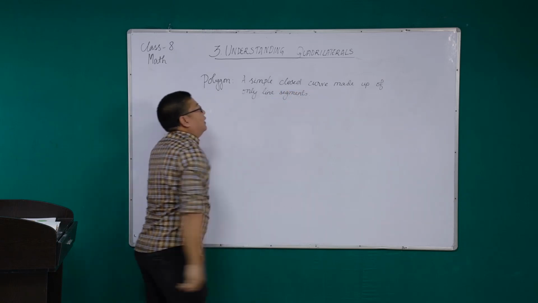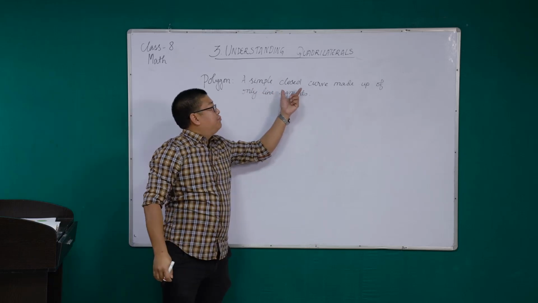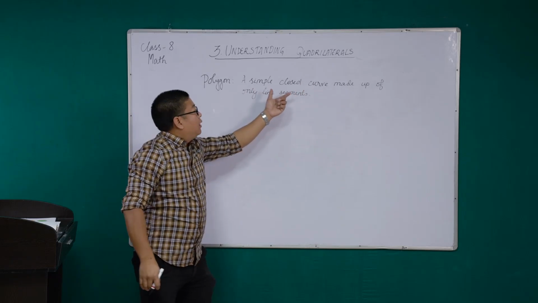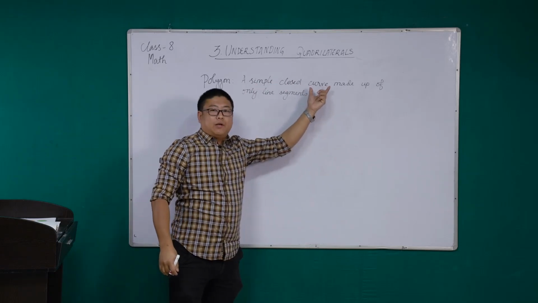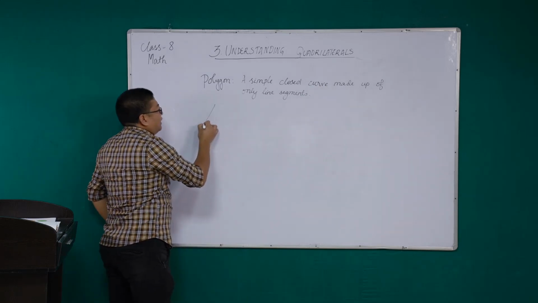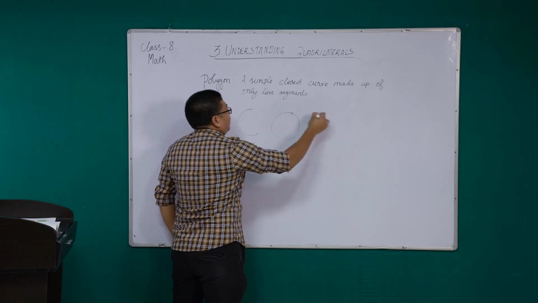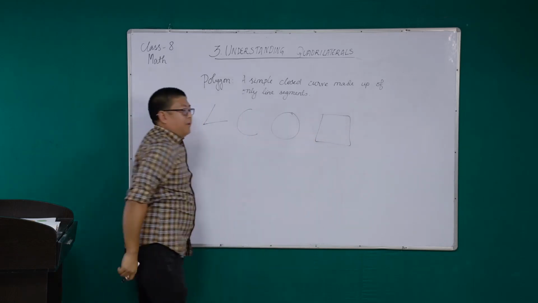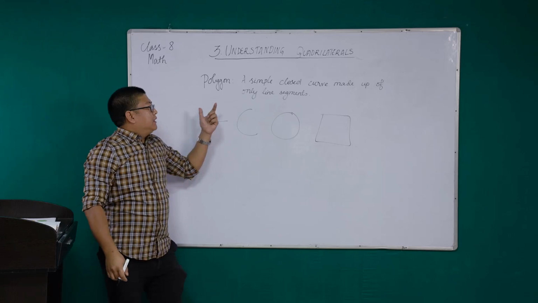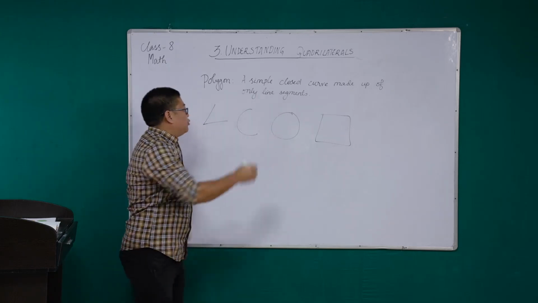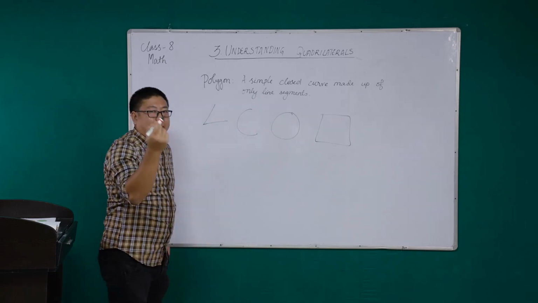Now, when we talk about a simple closed curve, before we go there, let's discuss a curve. A curve can be anything that you drew, any shape. This curve is something that you draw without lifting your pen.